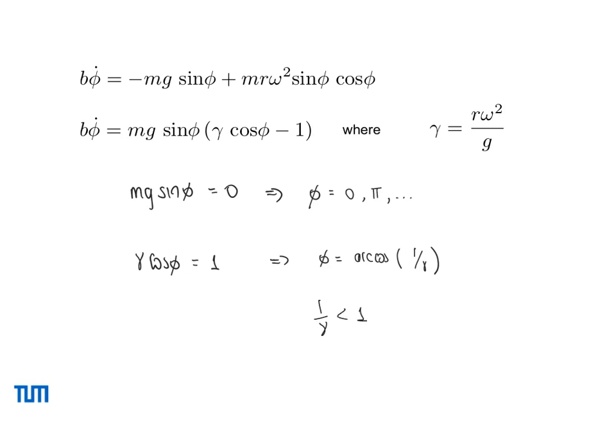Remember that gamma is positive, so we don't need to take into account the absolute value. This means that gamma is larger than 1.